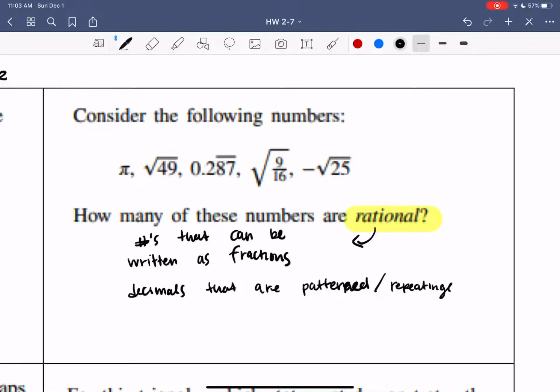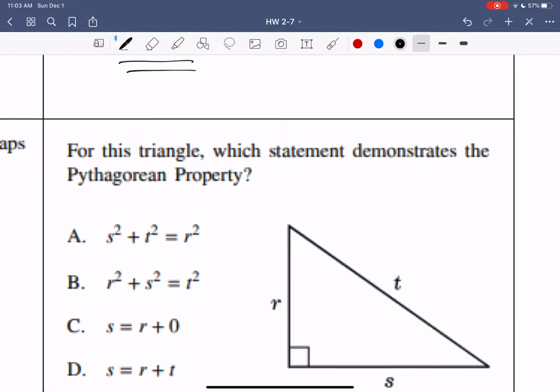So hopefully you can go through that list and remember that not all square roots are rational or irrational, but they can be determined based on what their decimals look like.